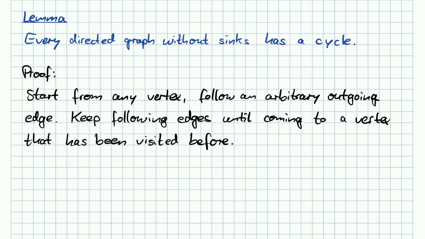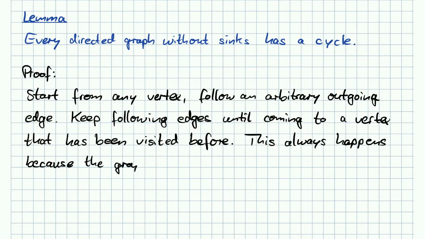And then we have our cycle. And why does this always happen, that we come back to a vertex that has been visited before? This always happens because the graph is finite. Cool.